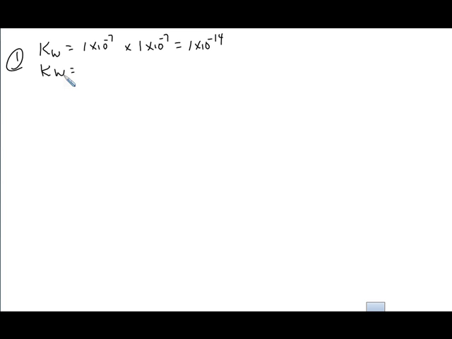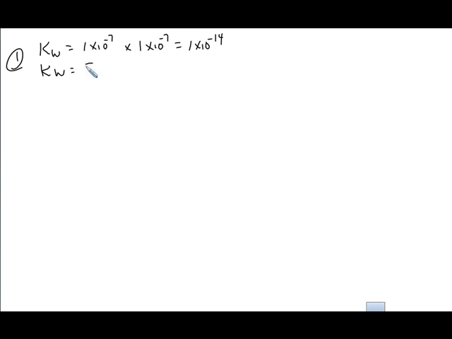And an acid, we said, was a substance that increased the hydrogen ion concentration in aqueous solution, right? So if it's increasing the hydrogen ion concentration, it's understood it's decreasing the hydroxide ion concentration, right? So now here we can think of this as pure water. So now we can think of this as the KW of an aqueous solution that has a pH other than 7, right?